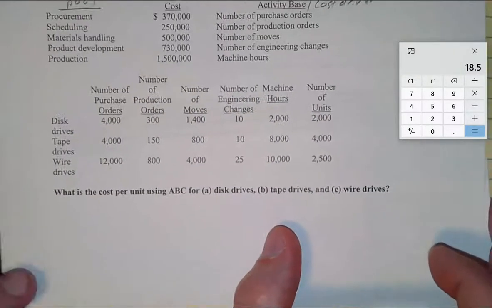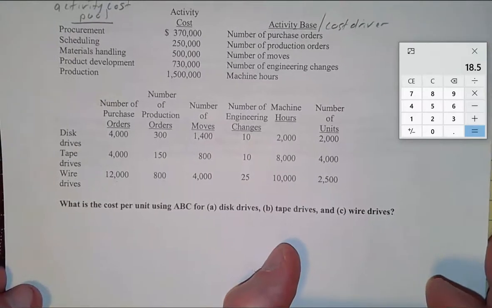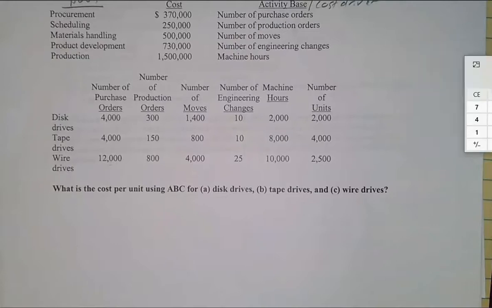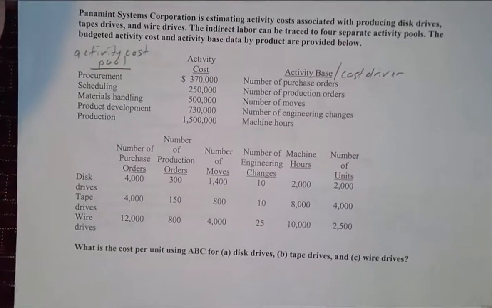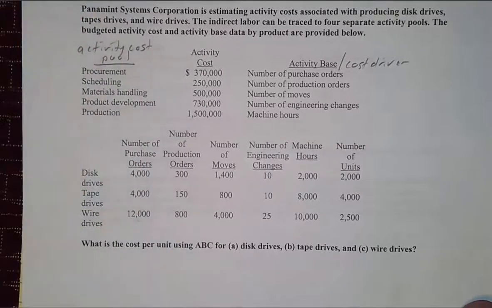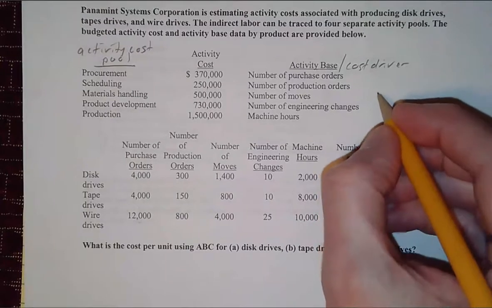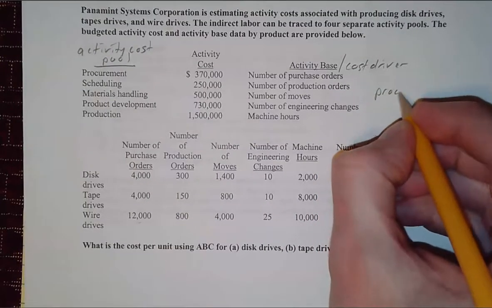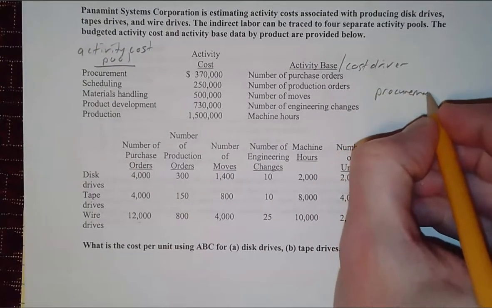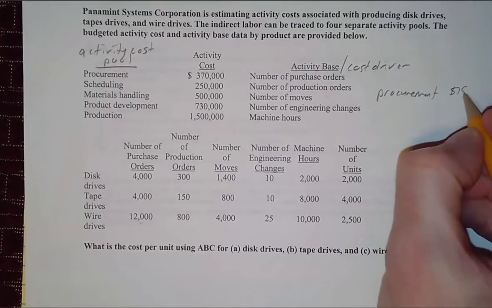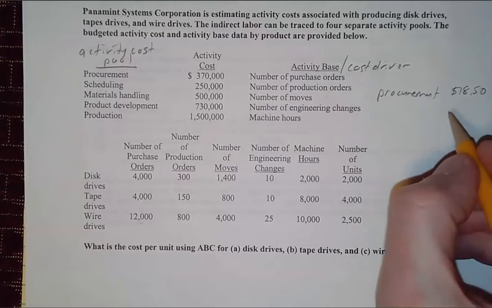And let's get this situated here. Bear with me one moment. Try to make it where we can see everything. Okay, and then I'm going to write over here our procurement rate is $18.50.